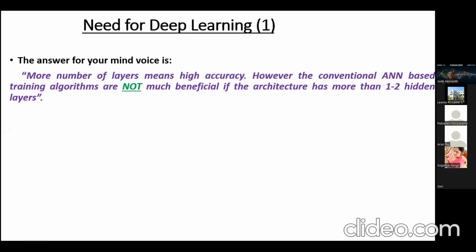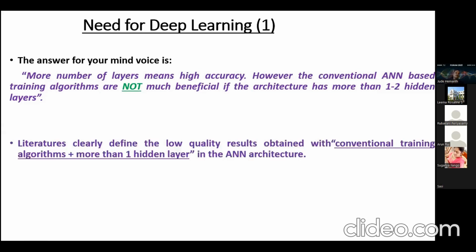Both are different when you go to deep neural networks. Because it has the provision for more layers, it has given more accuracy for the applications. So people left artificial neural networks and entered into the concept of deep neural networks or deep learning.